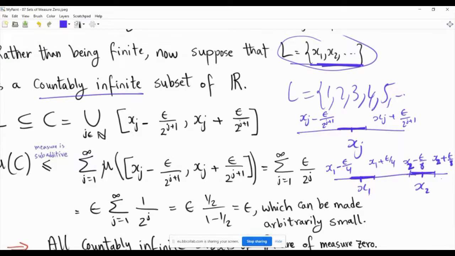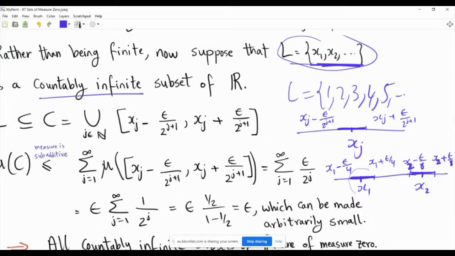And you go to x3 and cover it by the interval from x3 minus epsilon over 16 to x3 plus epsilon over 16, and so on and so forth. So basically the trick is that you take the first point and you cover it with an interval of length epsilon over 2. Then you cover the second point, x2, by an interval with half the length. And then x3, you halve the length again, and so on.